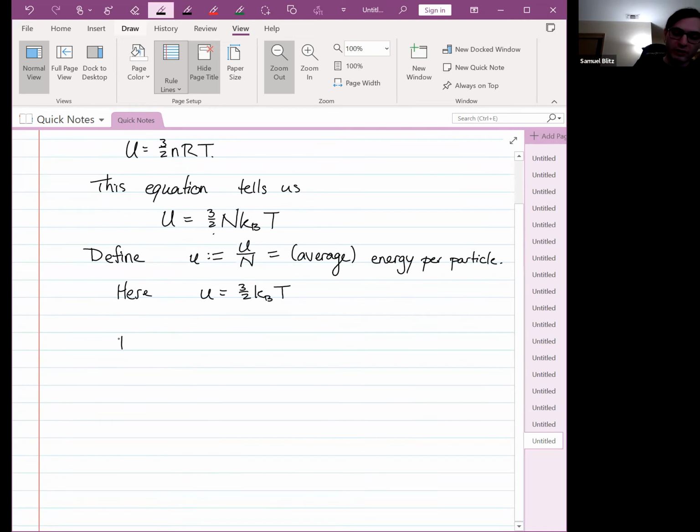The reason for that is because the energy is just the translational kinetic energy. And so the energy per particle is equal to 1/2 m_i times v_i squared. This is just the kinetic energy. And so we can calculate an, quote unquote, average velocity.